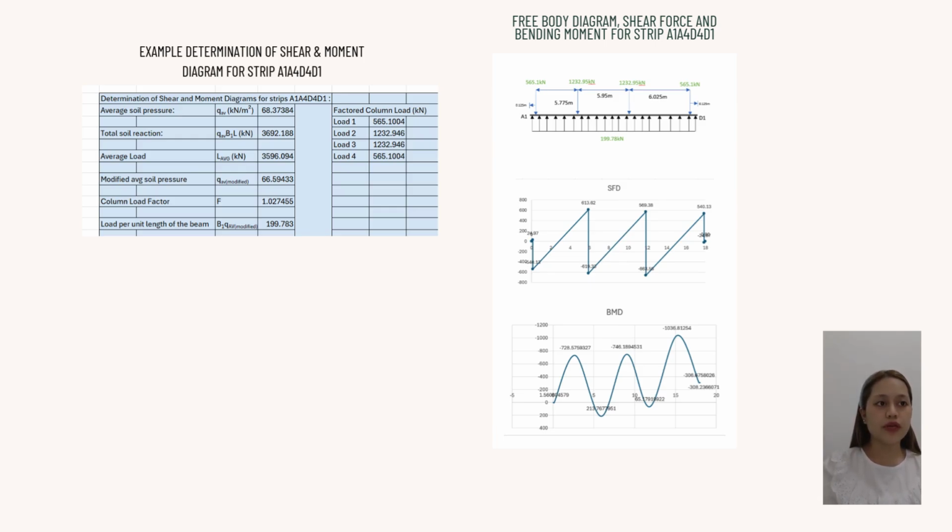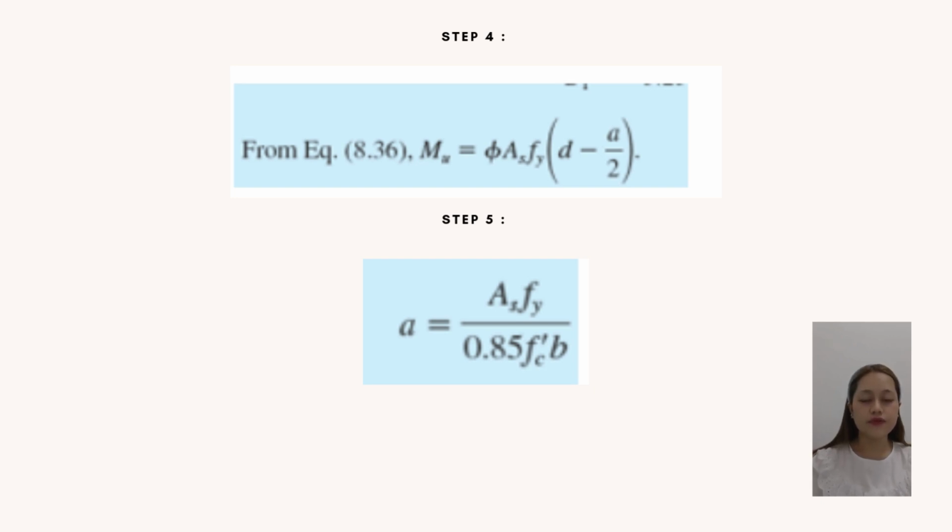After each column load has been multiplied by the modified factor, the shear force and bending moment diagrams are constructed. Then, from the bending moment diagram, the biggest positive and negative moments are taken and their magnitudes calculated. After that, the area of reinforcement is calculated using equation 8.36, where the a value is calculated using the formula a equal to As Fy over 0.85 fc prime times b.